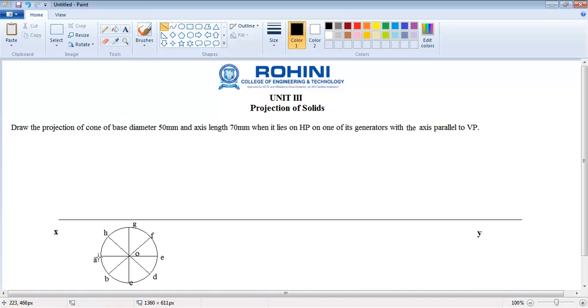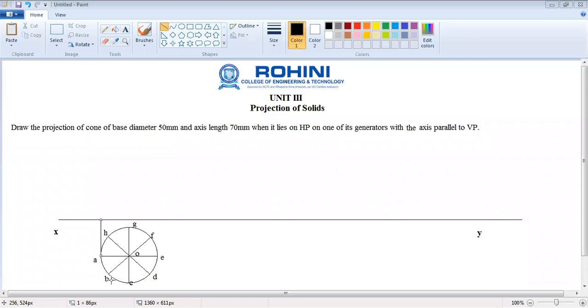Then we are going to draw the front view. Divide this, and extend these points to the XY line, because the base is resting on HP.